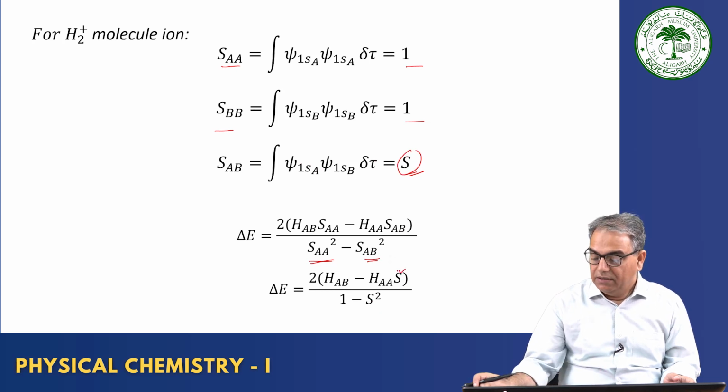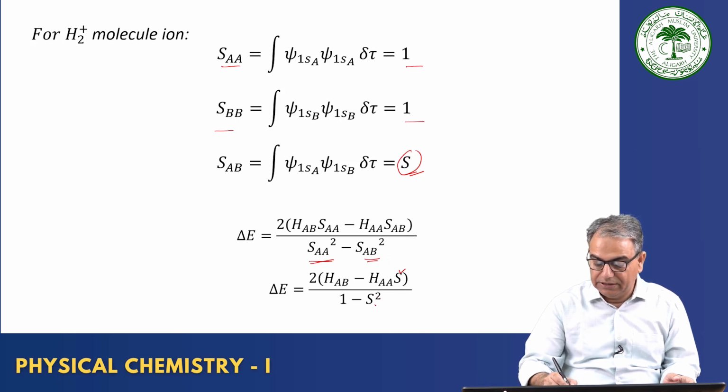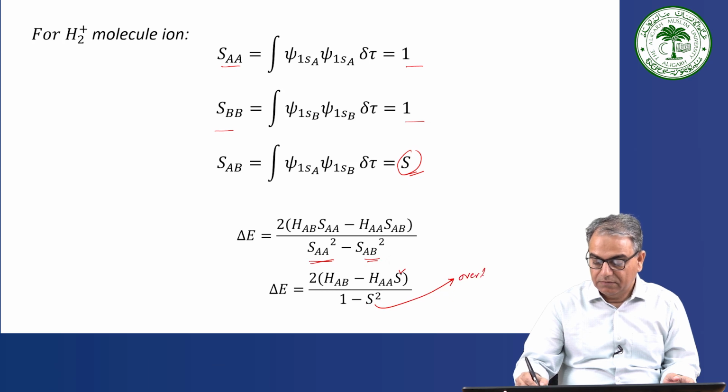Okay. Now what we say is that this S is the overlap integral. I am writing them again so that while you watch the video, you remember what these integrals are.